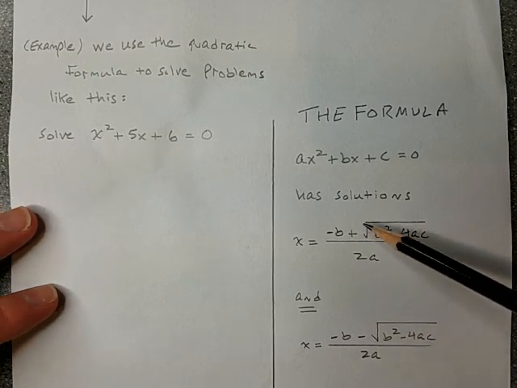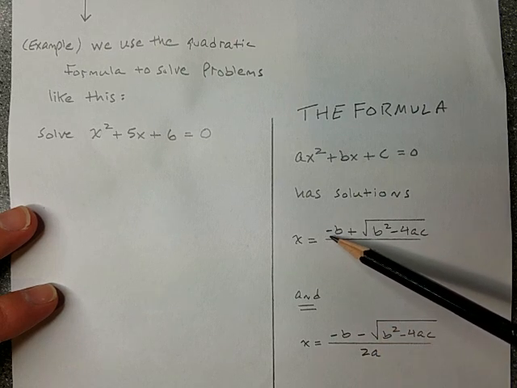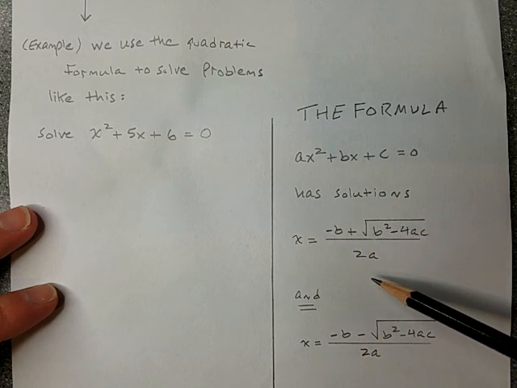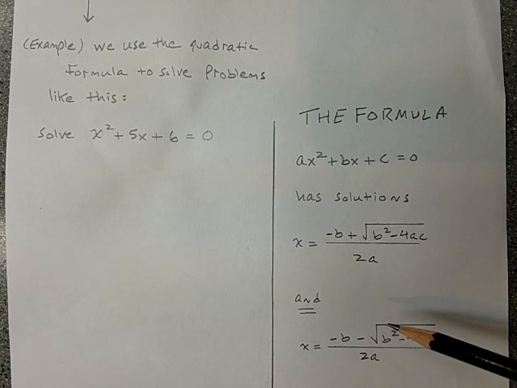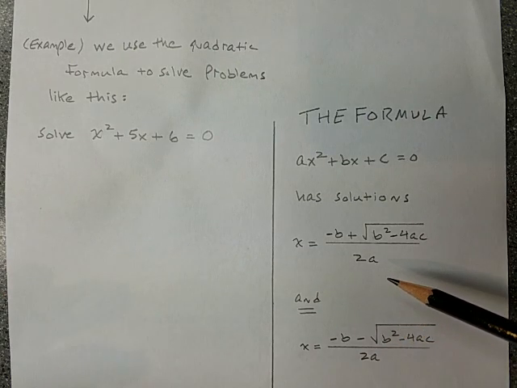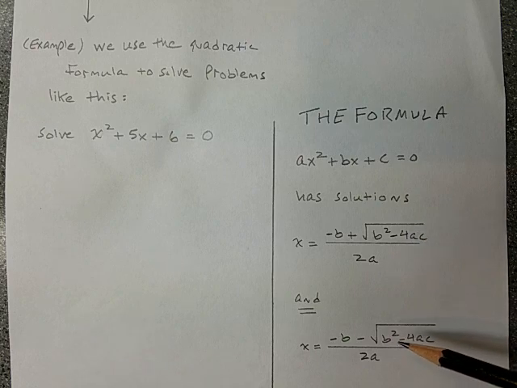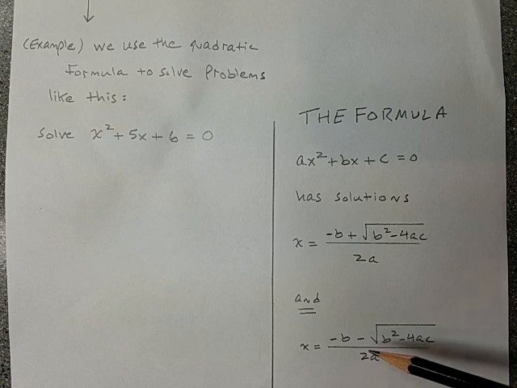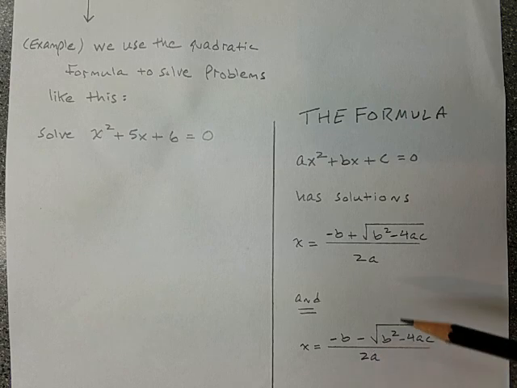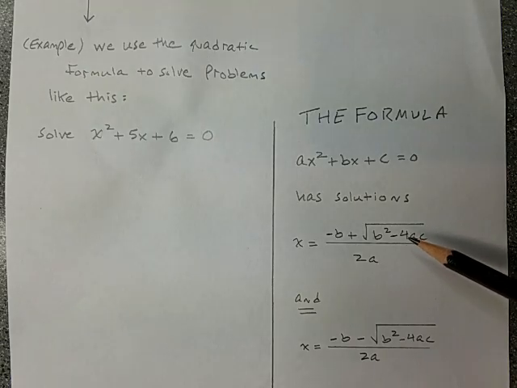What's the difference between these? This says the opposite of b plus, and this is the opposite of b minus. I just want to mention it that way so that you can see there are two things. The only difference between these is the plus and the minus. Now, most people who show you this aren't going to write it like this.